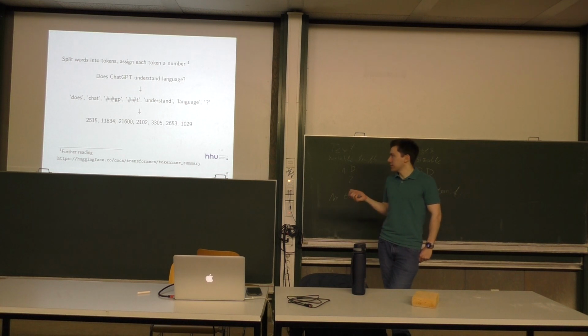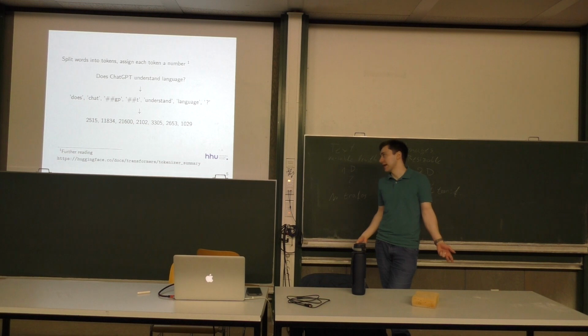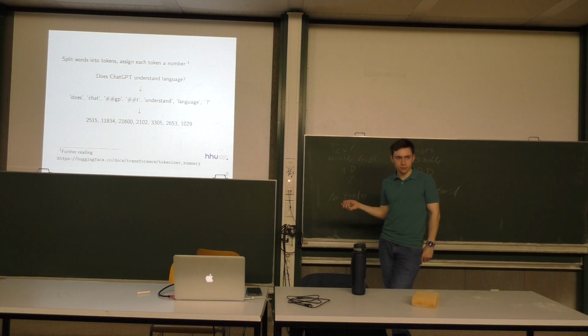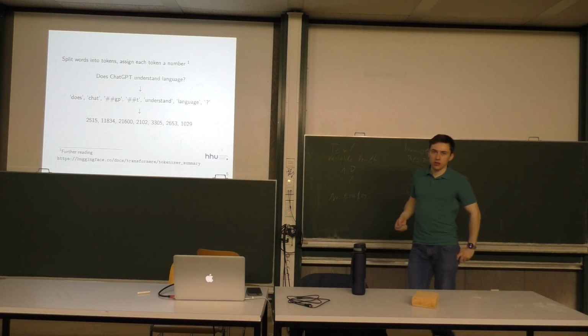And because it splits uncommon words into smaller words, it can handle all kinds of new words, words in different languages, and other things that it hasn't seen in the training data. But you don't need to know any details about that. Just that text gets turned into a sequence of numbers.